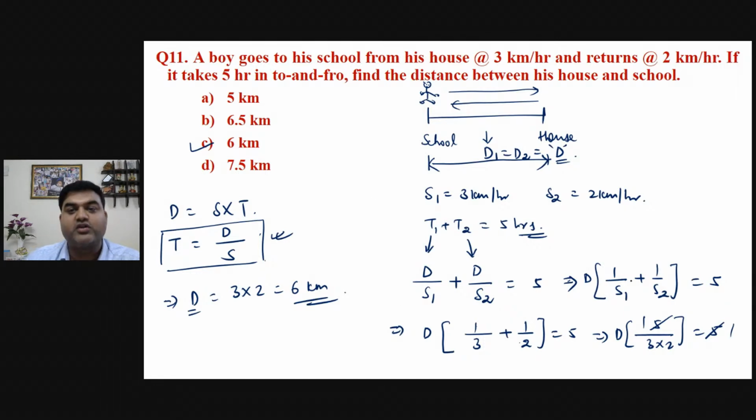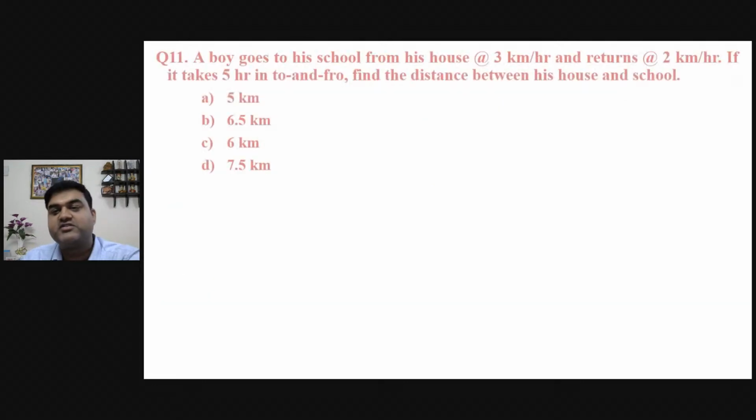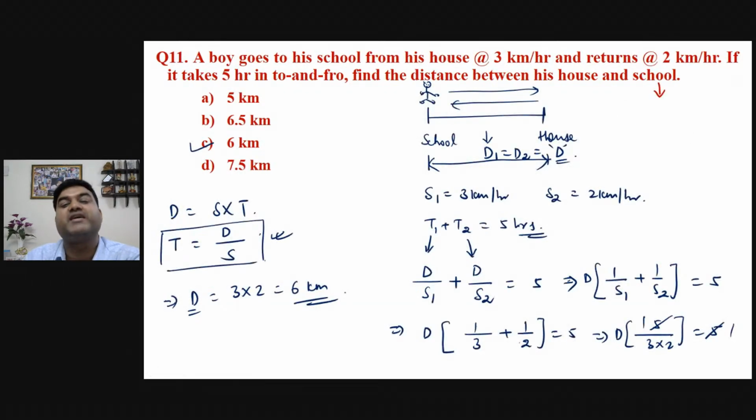Having understood the concept, as I was telling, it can be done in 15 to 30 to 40 seconds. I'll tell you how. You will just write, considering the distance as x, x divided by the first speed 3 plus x divided by the second speed 2 is equal to 5 hours.